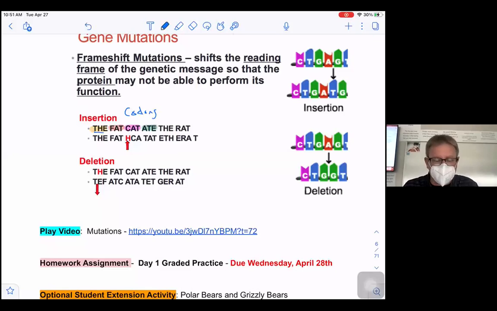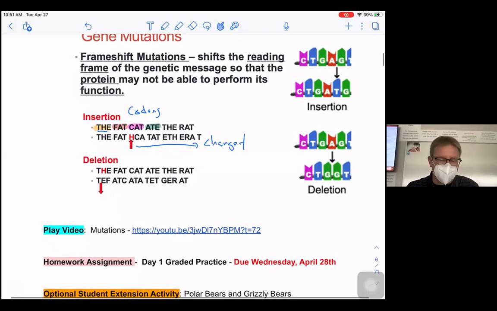And when we insert one, in the fat, we don't change the C to an H, we insert an H in, right? And then we still keep groups of 3. We now get HCA, TAT, ETH, ERA, and T. So we've changed everything behind it. So all of this gets changed because we've inserted that new letter into it.